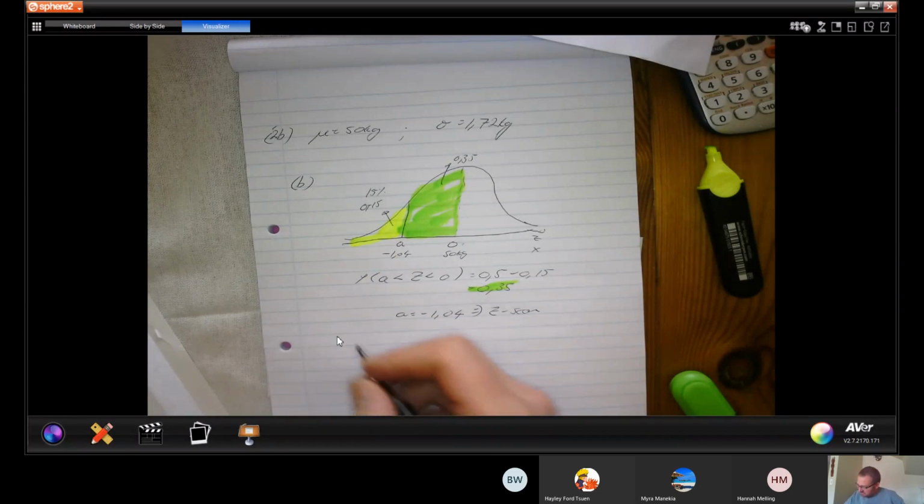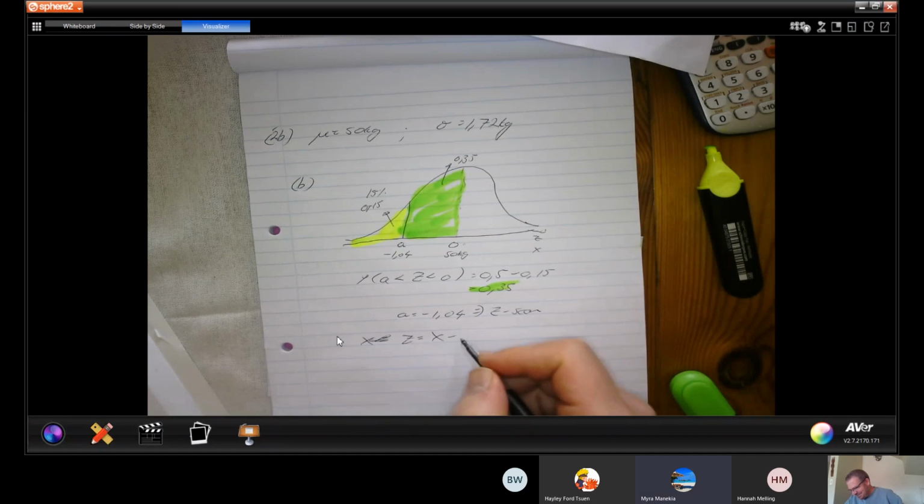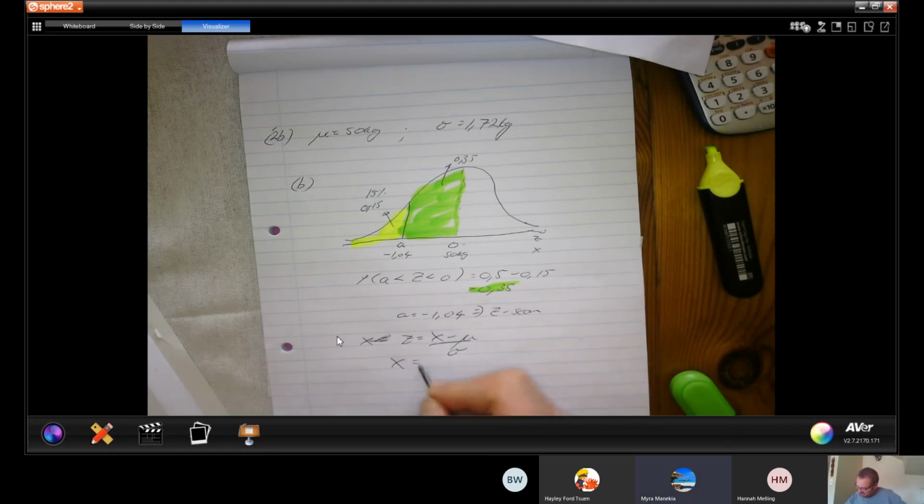What formula are we going to use, Myra? The one with the Z and the X. Z is equal to X minus mu over sigma. Everyone go manipulate that formula to get X on its own. So what's X going to be, Myra?